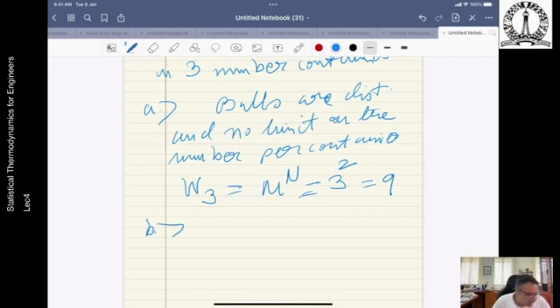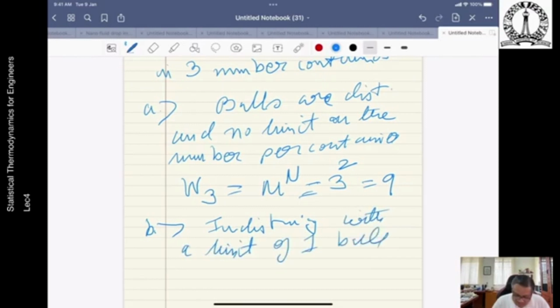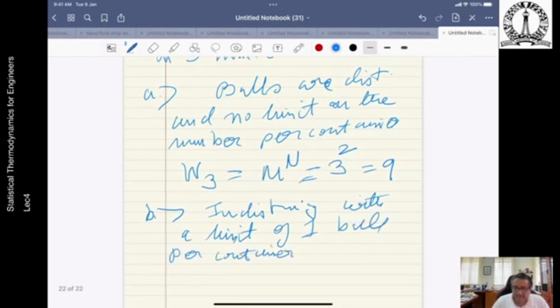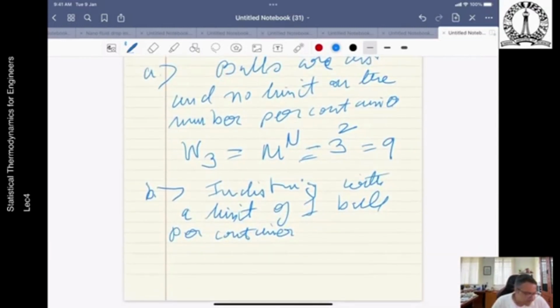Now, if I take the second case where the balls are indistinguishable now, with a limit of 1 ball per container, okay, so this becomes your case 4. And these balls are indistinguishable with limit of 1 ball per container.